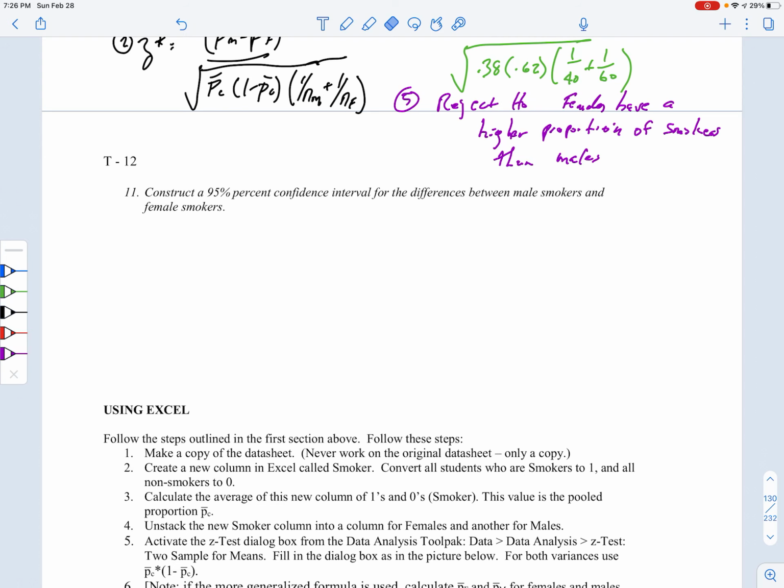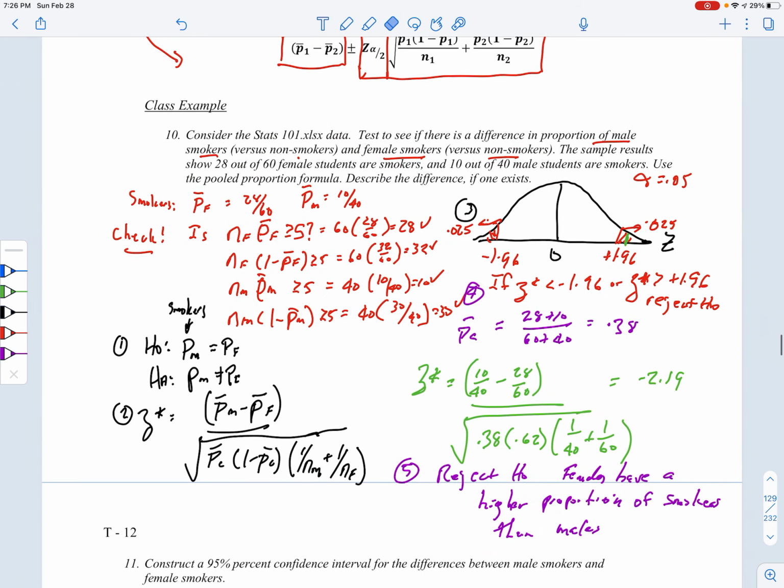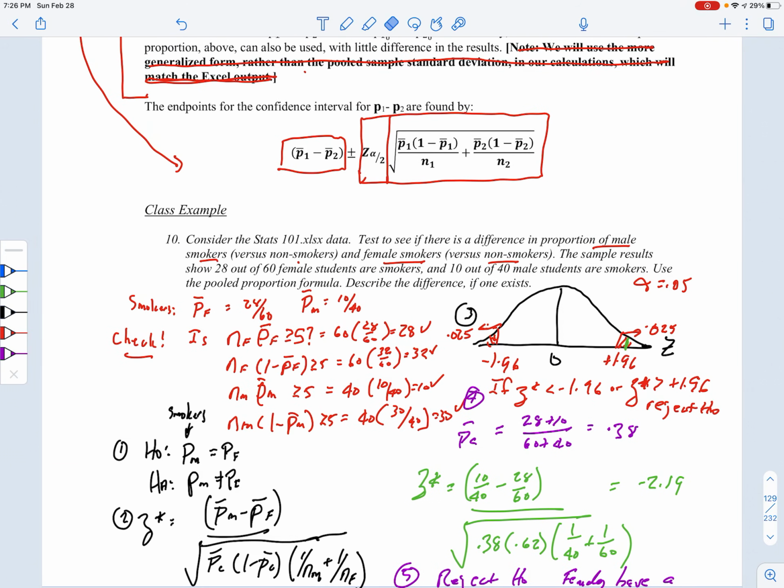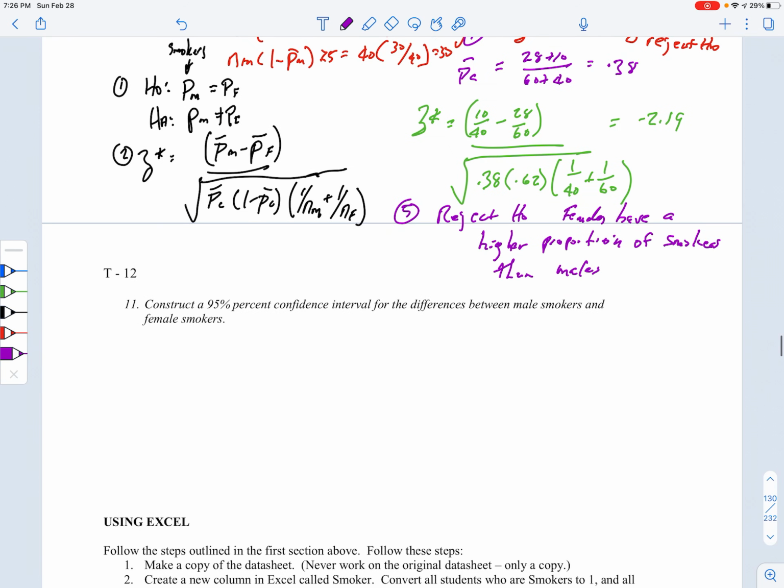Okay, so now we take a look at the confidence interval, and we're going to be using this one up here. We won't use the pooled proportion. We'll just use the original proportions there. And so what we're going to have then is P bar M minus P bar F plus or minus Z alpha over 2.